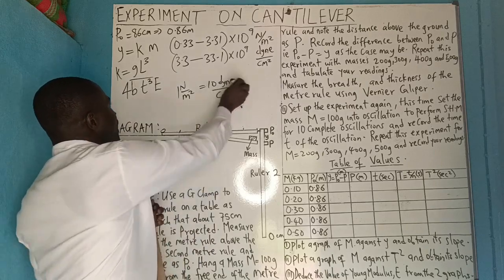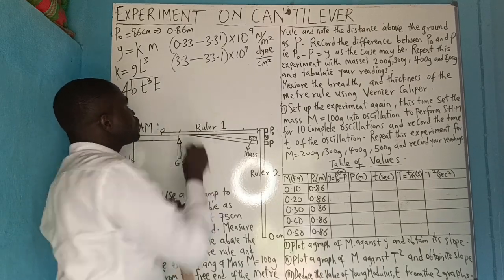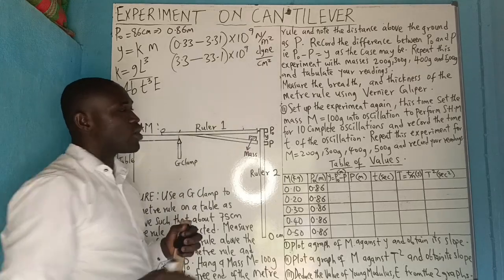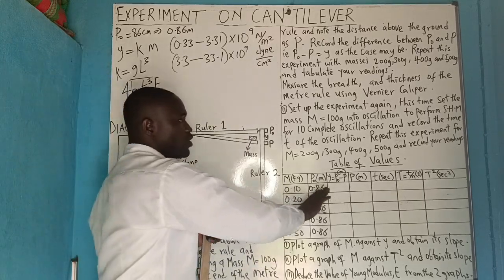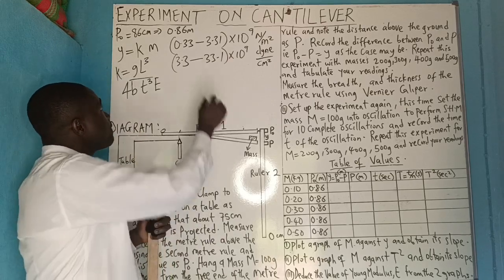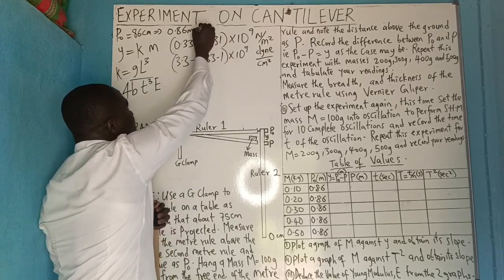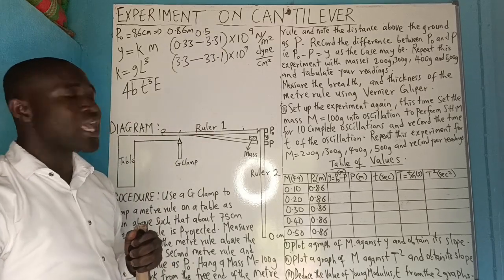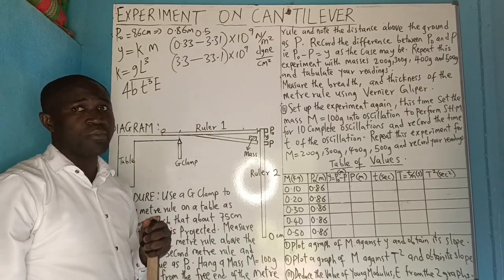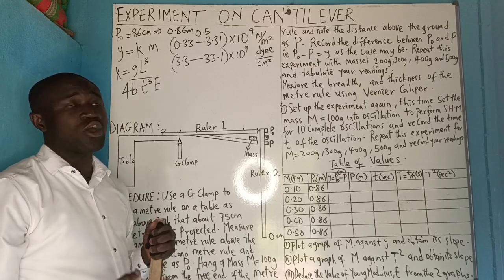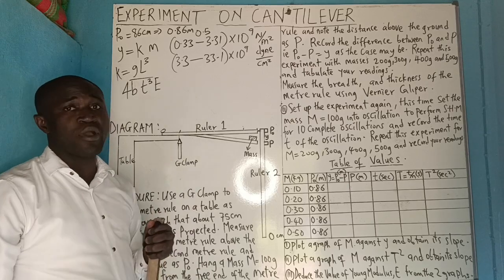Okay? I want us to use Newton per meter square because I'm putting every one of my units in SI units. And so let's take the modulus of the meter rule to be 0.5, because the ones I have experimented on, the majority of them have been giving me 0.5.